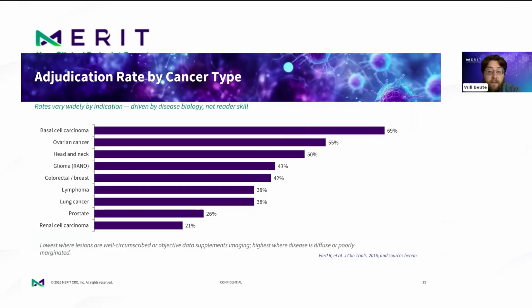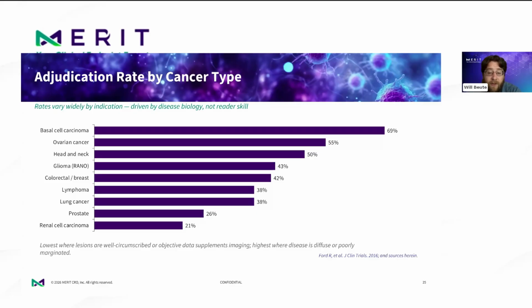And importantly, it's driven by disease biology, not by reader skill. At the low end, renal cell carcinoma sits around 21% and prostate cancer around 26%. But at the high end, ovarian cancer is around 55% and basal cell carcinoma reaches roughly 69%. That's more than a threefold difference from top to bottom.